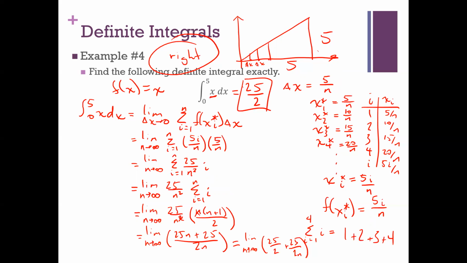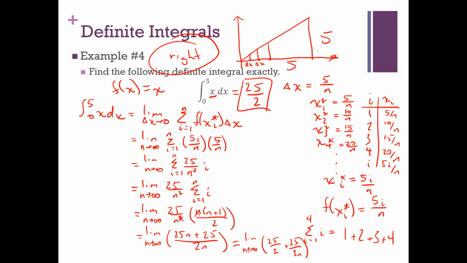Is that okay with you? These things are exactly equal. Basically, delta x is how wide each interval is. So getting really, really small means I'm dividing into more and more pieces, which is why n is going to infinity.